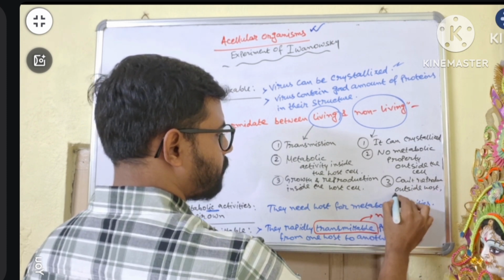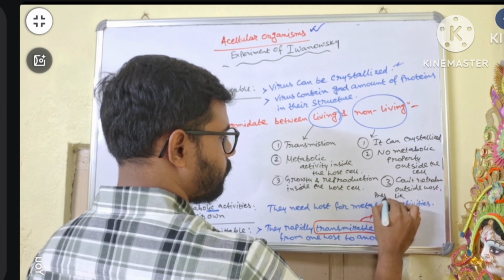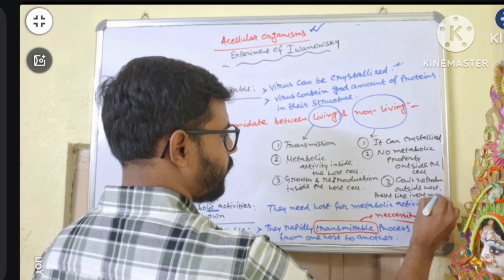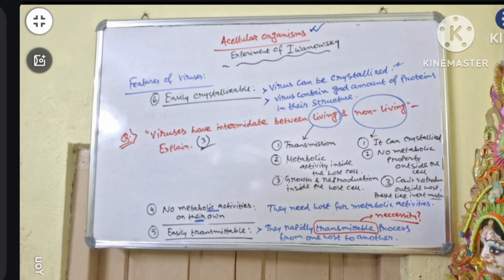And they live and are present like inert material. That means non-animate, inanimate objects. So these are some features of non-living property.